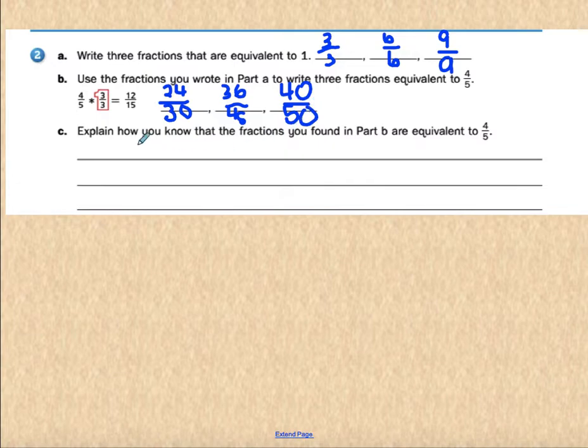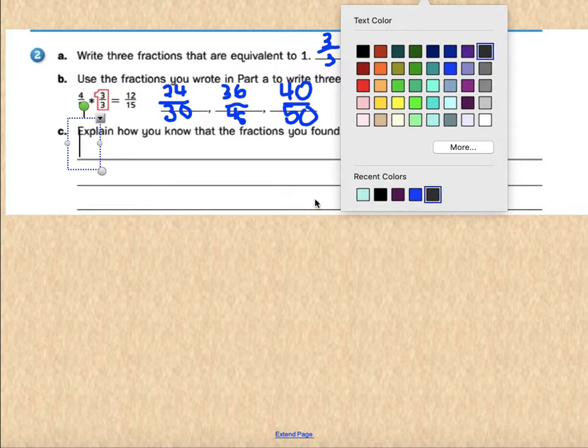So what we have to do now is explain how we know that the fractions we found in part B down here are equivalent to 4/5. It's pretty easy to think about if you think about what we just talked about, that those two numbers are going to equal 1. Let me change that color. Sorry, kids. There we go.